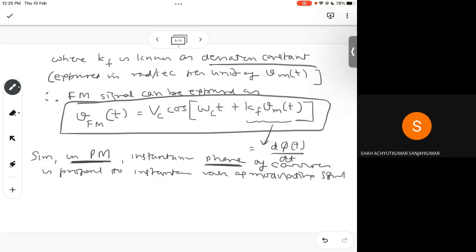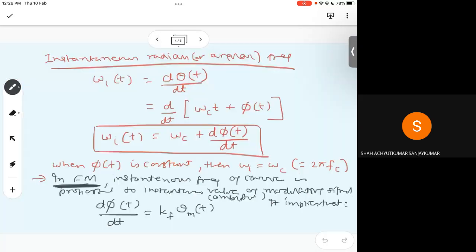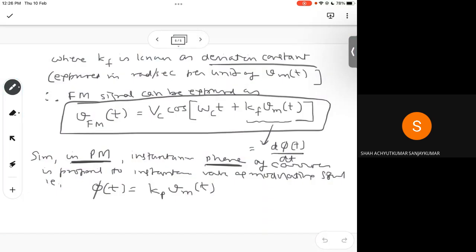That is, I could say φ(t) = kp vm(t). So we got this from kf vm(t) for frequency modulation. Just like we have defined the frequency deviation here, I define the phase deviation here. So both we are doing simultaneously.